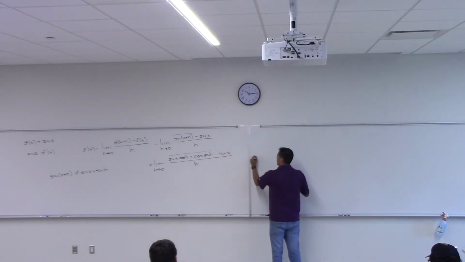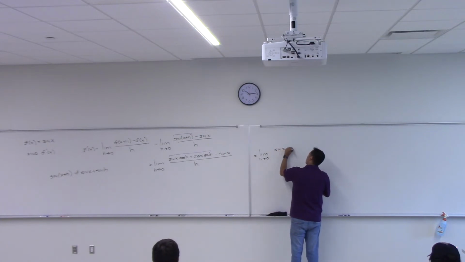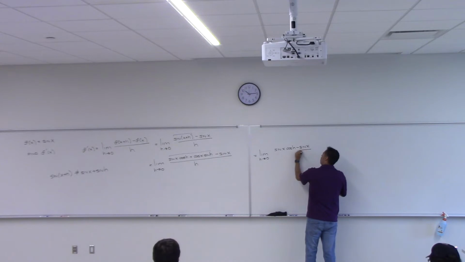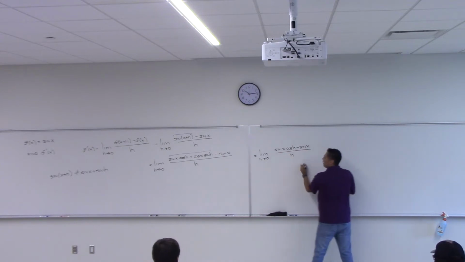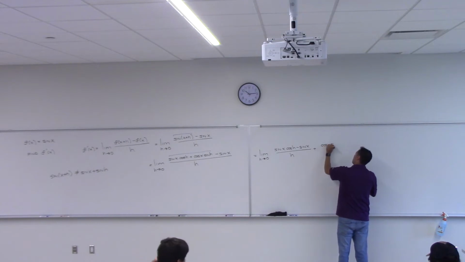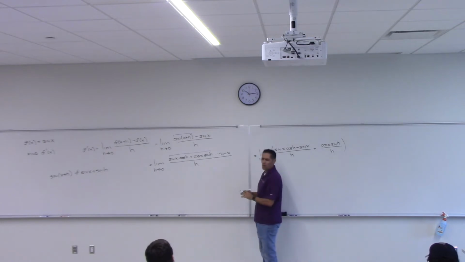And just watch the way I do it. I'm going to do limit as h goes to 0 of sine x cosine h minus sine x all over h, and then plus cosine x sine h all over h. So all I've done here, just so you can see, is I've reordered things.